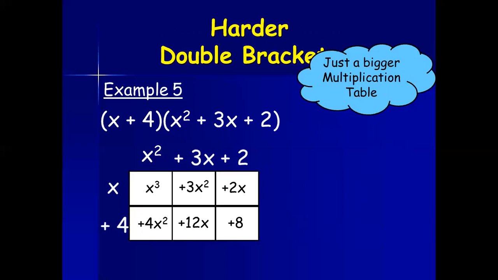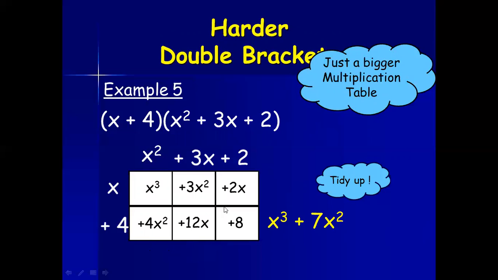And then we start to tidy up. x power 3 has no like terms, so I will write it as it is. The first like terms with me are 3x power 2 plus 4x power 2, which will be 7x power 2. And the second term is 12x plus 2x, which will be 14x.